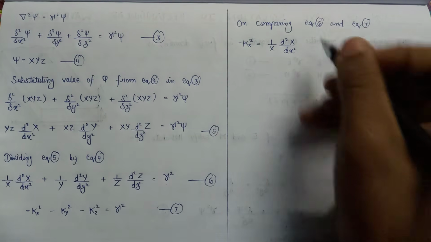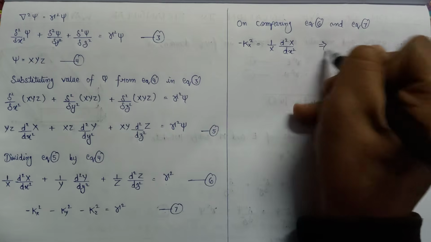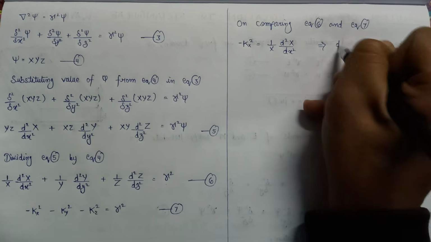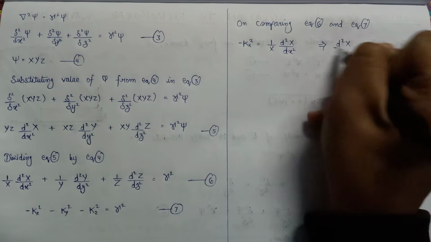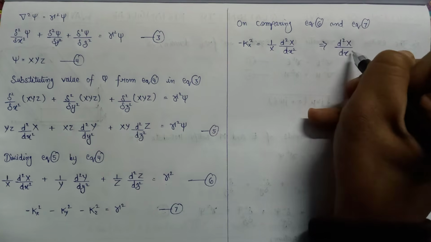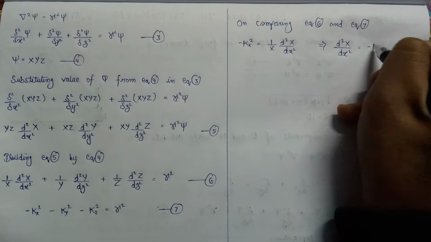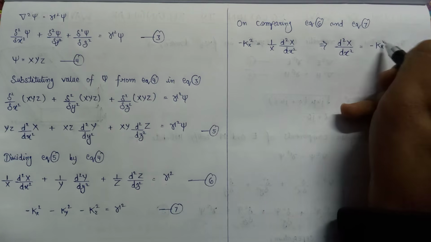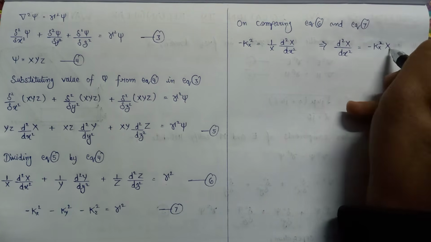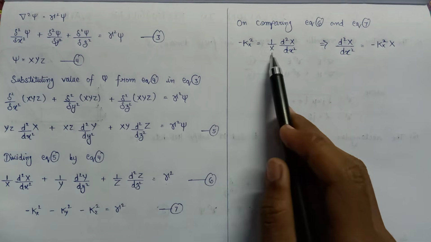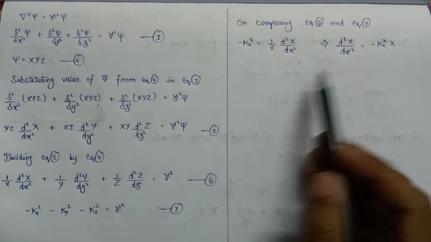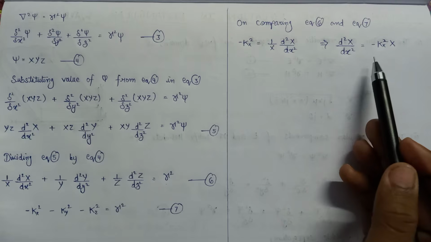If we simplify it, we get the derivative d2 capital X over dx square equal to minus kx square into capital X. This X gets moved to the left hand side, and we get this expression.